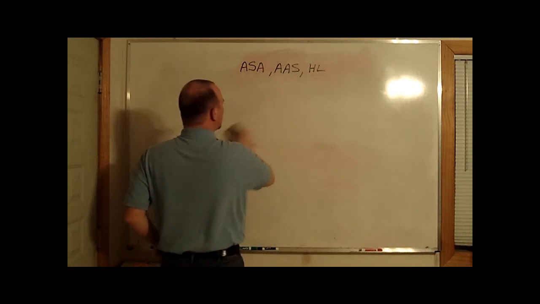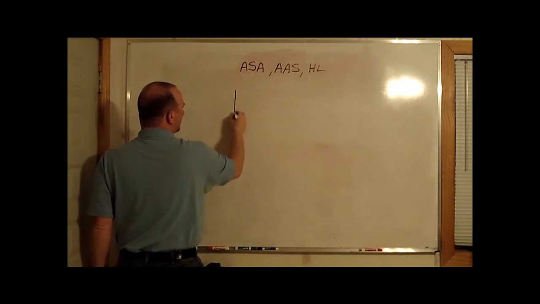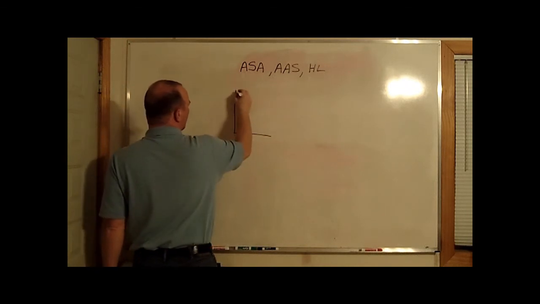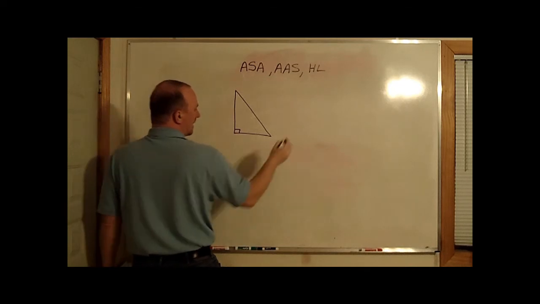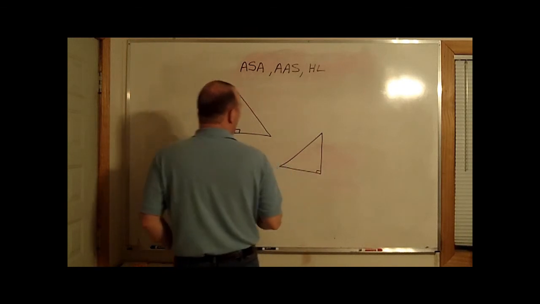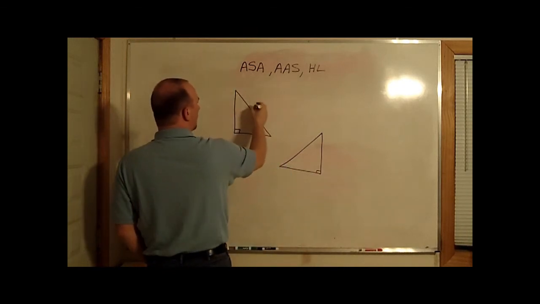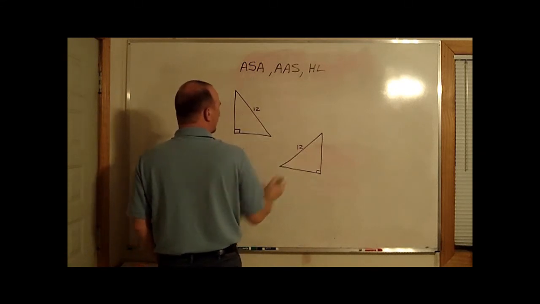Let's look at hypotenuse, leg. In order to have a hypotenuse, we have to have a right triangle. So here's our right triangle. And let's do another right triangle. If they gave us the hypotenuses on both of these, let's say this one's 12 and this one's 12.